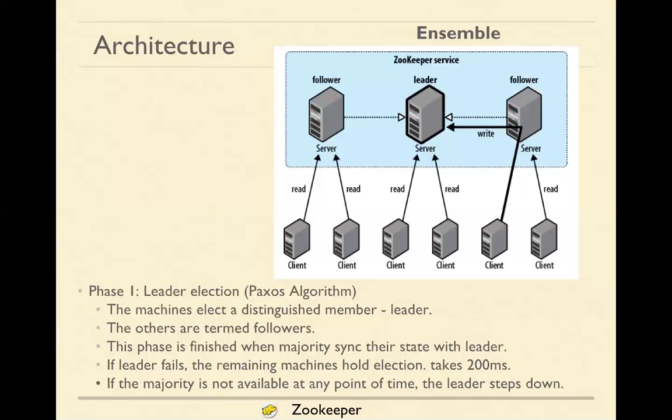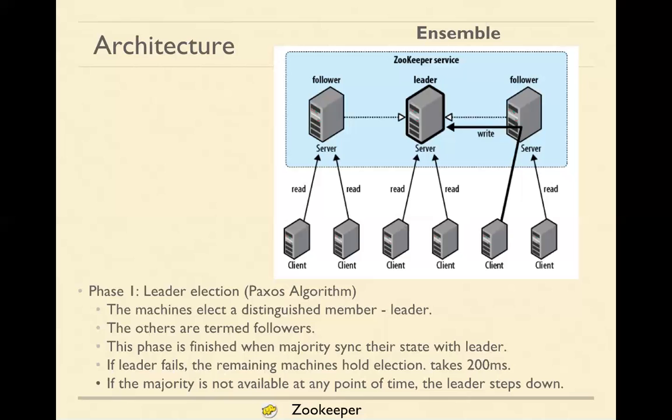If six or more nodes are available, then the cluster will keep running happily. In case five or fewer are available, the leader will step down and nobody will become the leader. The whole system will become read-only.